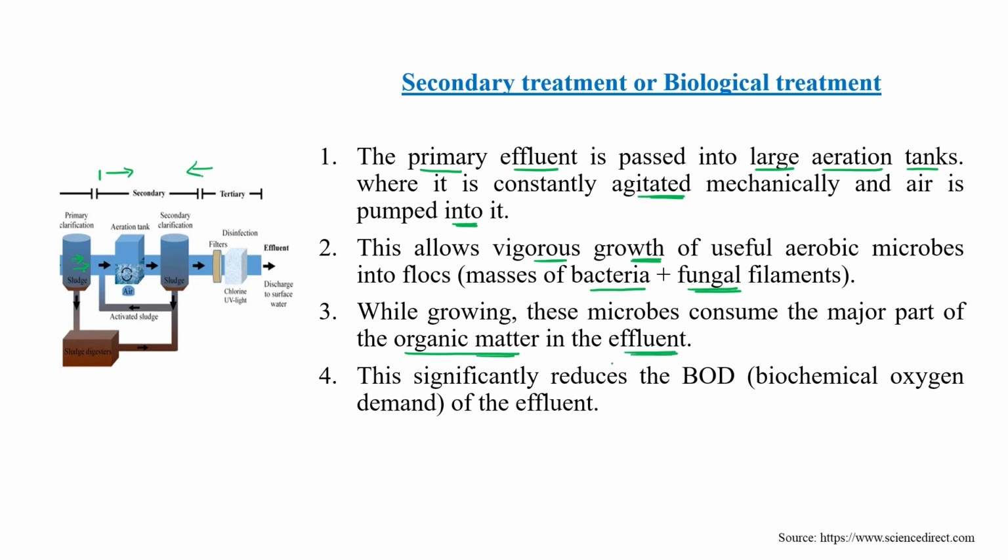For their growth, bacteria need a carbon source, and that organic component, that carbon source, is already present in the effluent. So for their growth we have provided air, and the other organic components required for the growth of bacteria and fungus are already present in the effluent. So microbes consume the major part of the organic matter present in the effluent.